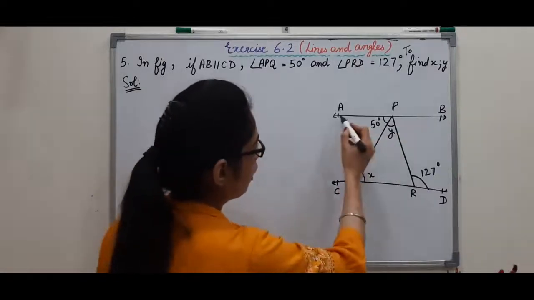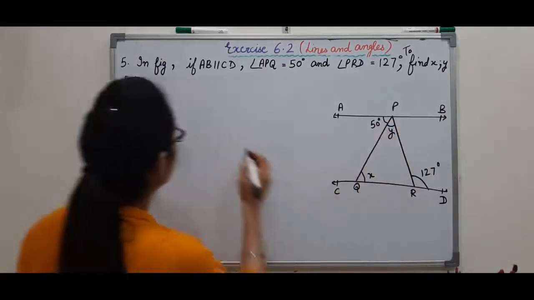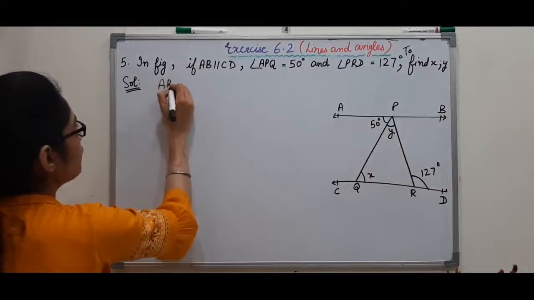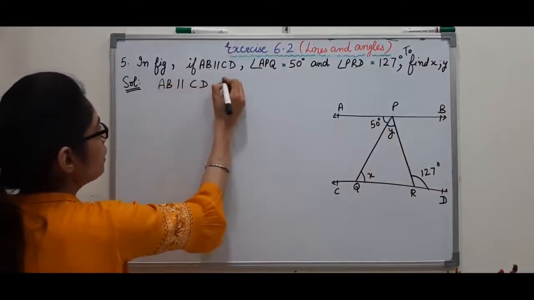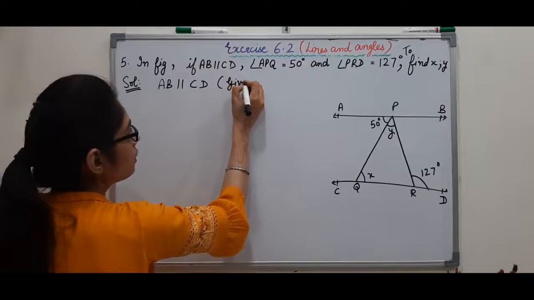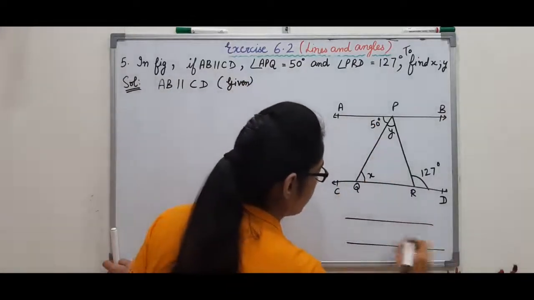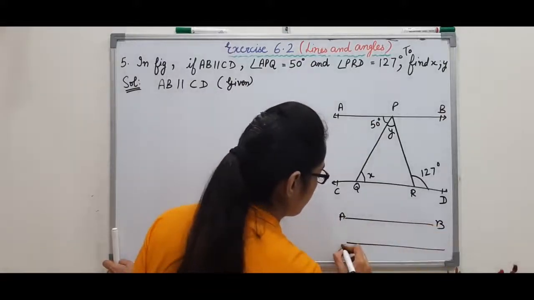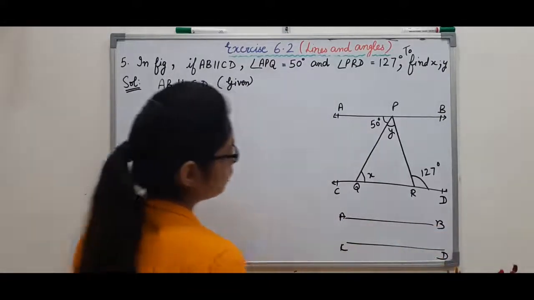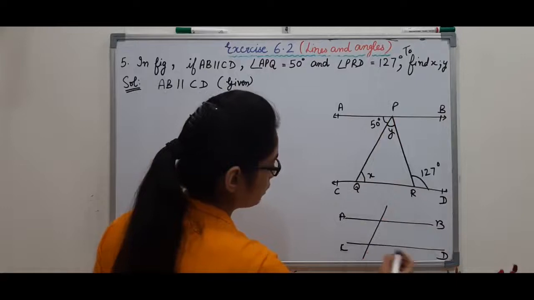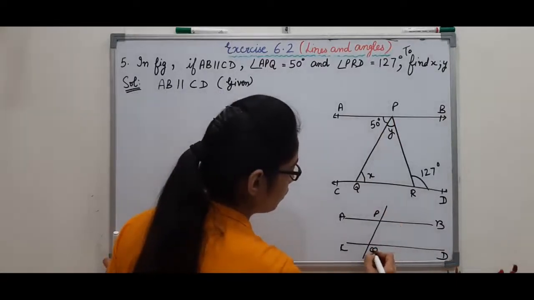So here now we know AB is parallel to CD. We can write AB is parallel to CD. This is already given to us. See, when AB is parallel to CD, here I will draw one line. We can see PQ is a transversal. So this is PQ.